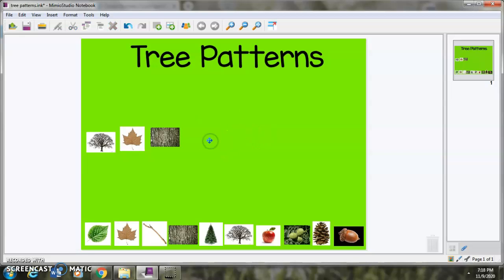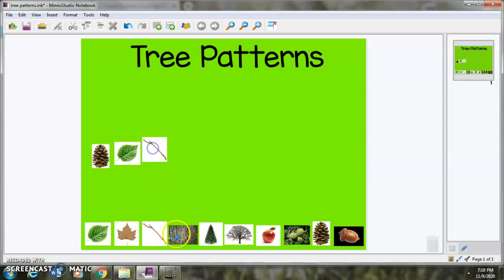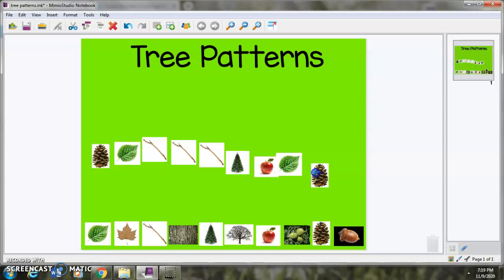Takes me a second to get all these pictures deleted. Okay, what if I did pine cone, green leaf, stick, stick, stick, evergreen, apple, green leaf, pine cone?